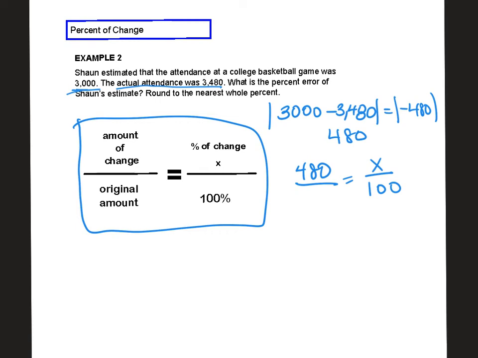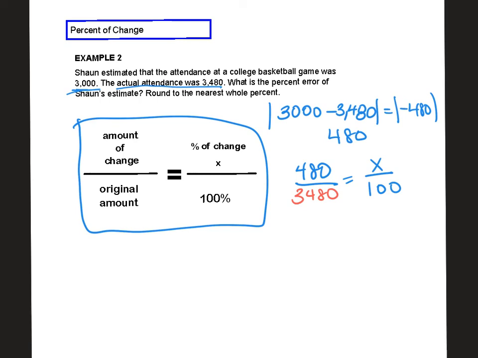How can we do an approximate calculation here with this proportion with an estimated amount? If you are given the actual, please always use the actual amount. So we are using 3,480. That is our actual original amount.